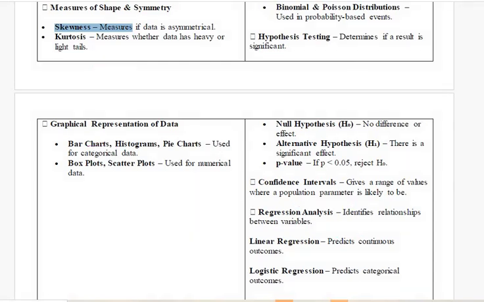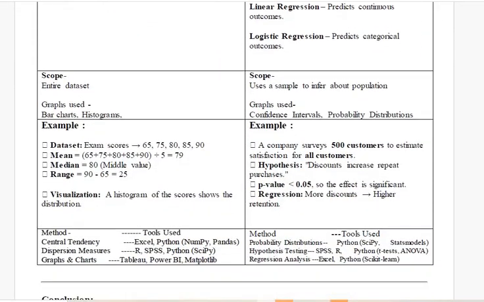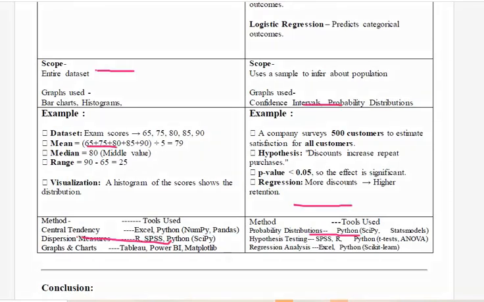Now let's see one small example. In descriptive statistics, we have a data set like the exam scores of students. You take all the values and divide by the number of values; this is the mean formula. You calculate the mean as 79, the median, the middle value, as 80, and the range, which is the maximum minus the minimum, as 25. You calculate like this for descriptive statistics.